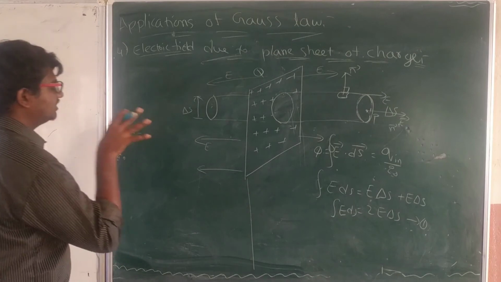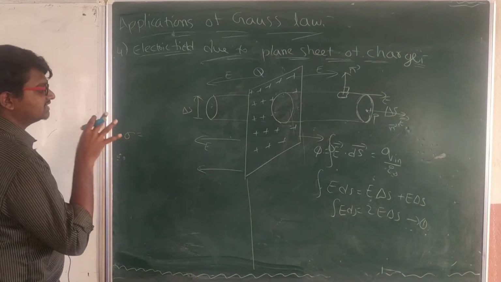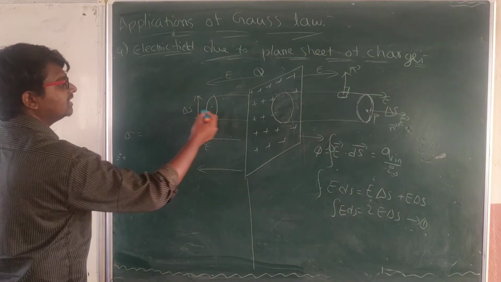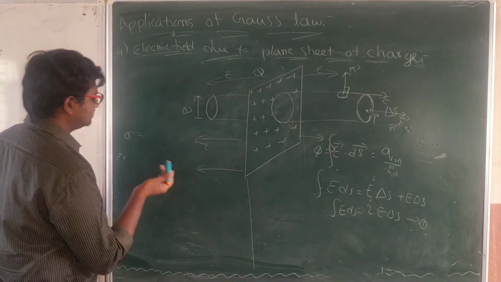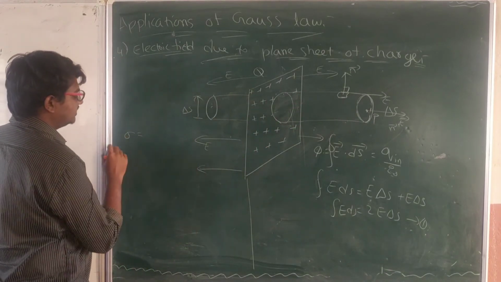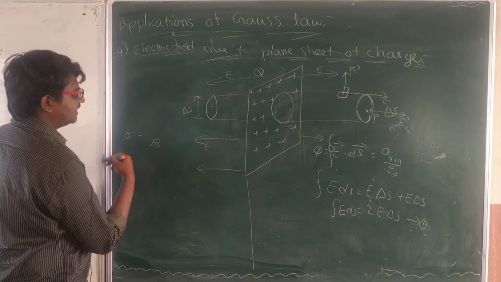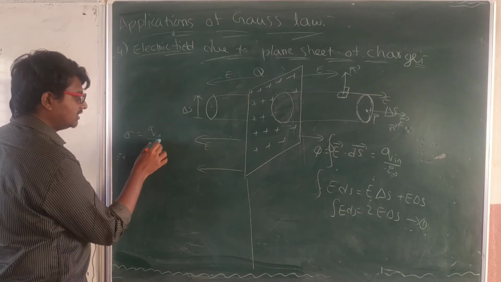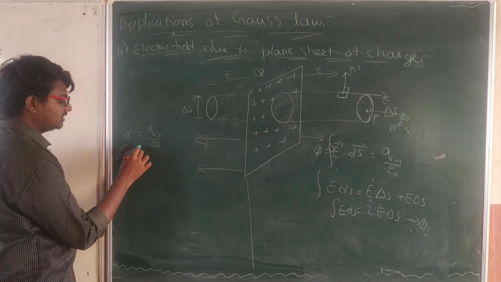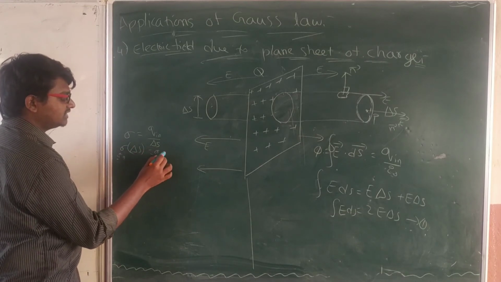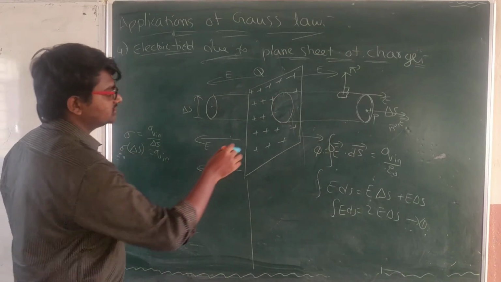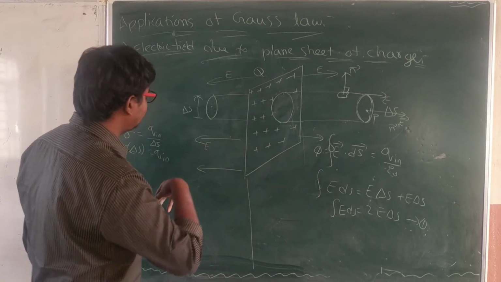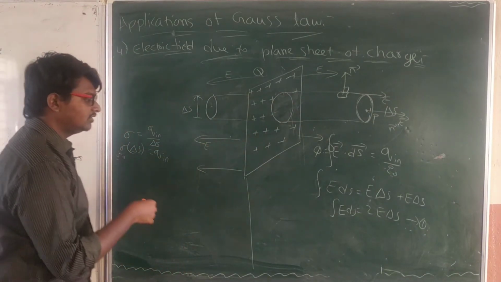It means on the Gaussian surface how much area it is exhibiting, that only, here delta s, there also delta s, that's it, right? Then q in is equal to sigma delta s, simply meaning the charge on this particular area, q in is equal to sigma into delta s.